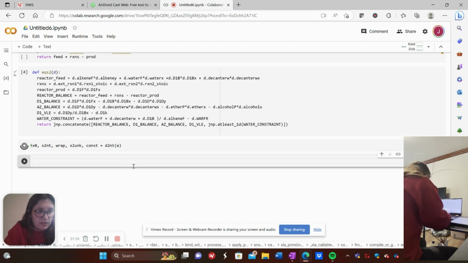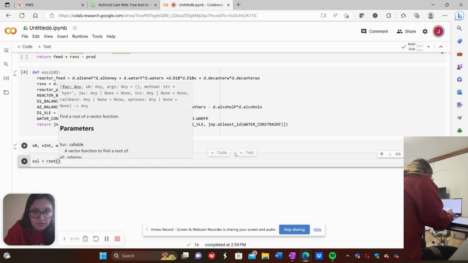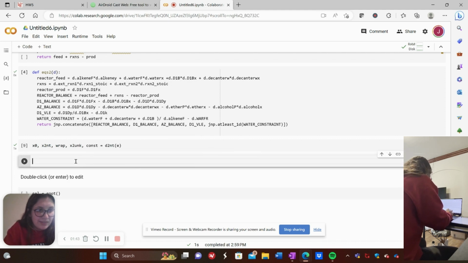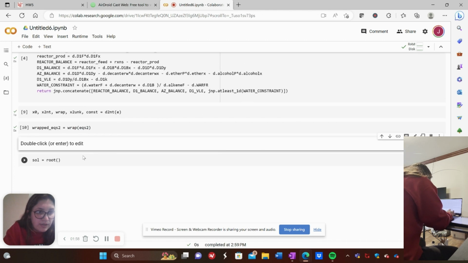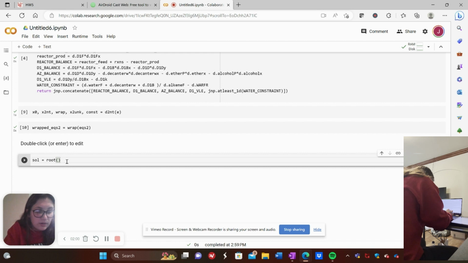So we have that, and then we want to do solution is equal to root. So I forgot a step. We want to first wrap our equation, our function. So we have wrapped equations 2 is equal to wrap equations 2. And so now that we have that function, we can put it here into our root solver.